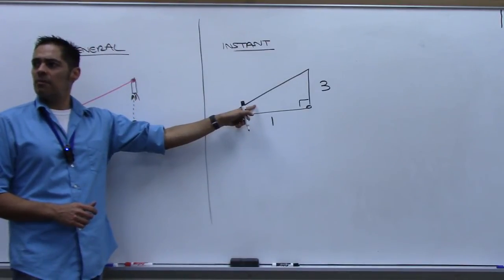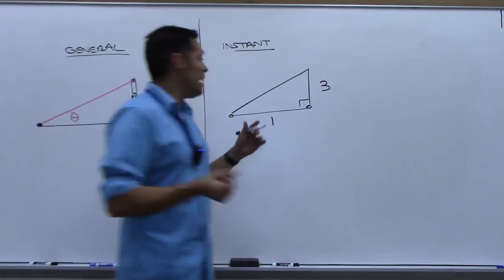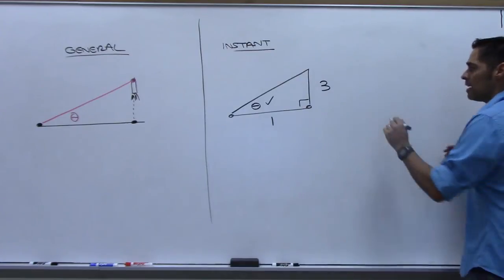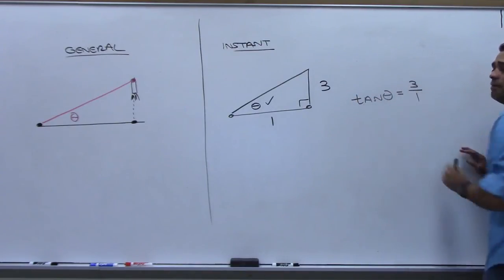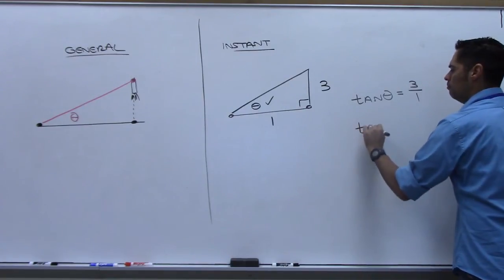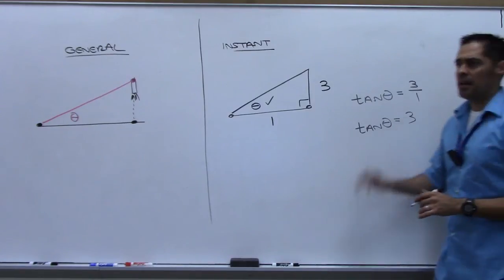Is it fixed right now in this picture? Yes, we don't know it right offhand, but yes, this is an angle, and I'm going to put a little check. I know what that is. In fact, I could find it easily. I could use the fact that tangent theta is 3 over 1, which is the same as tangent theta is 3. I could take arctangent on both sides and get my calculator out, and I could tell you what theta is. Couldn't I? Yes. All right. So I've got theta here.